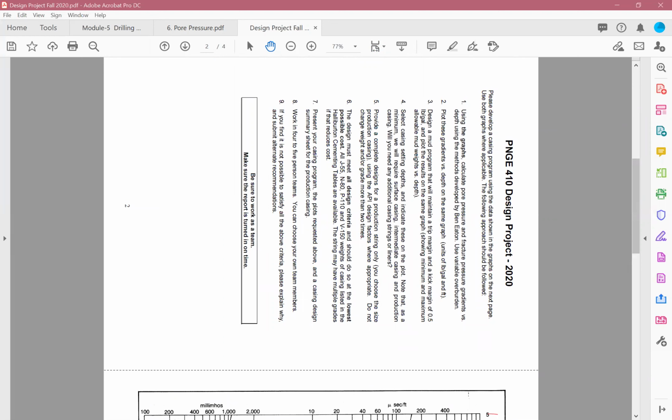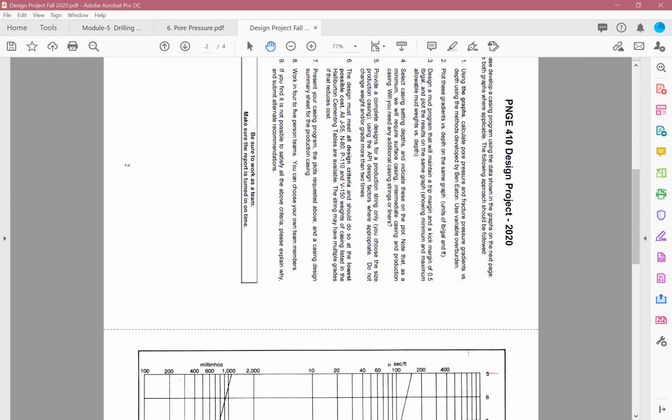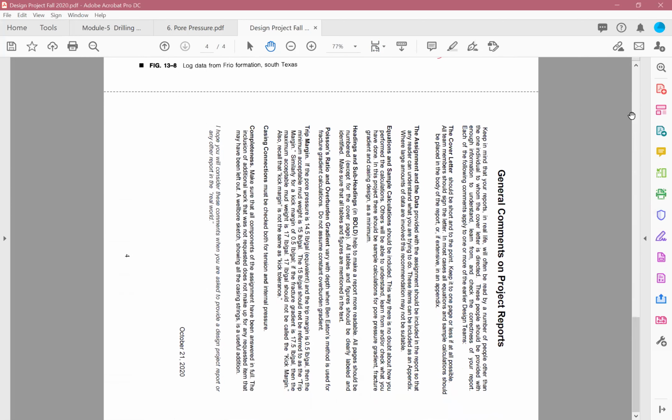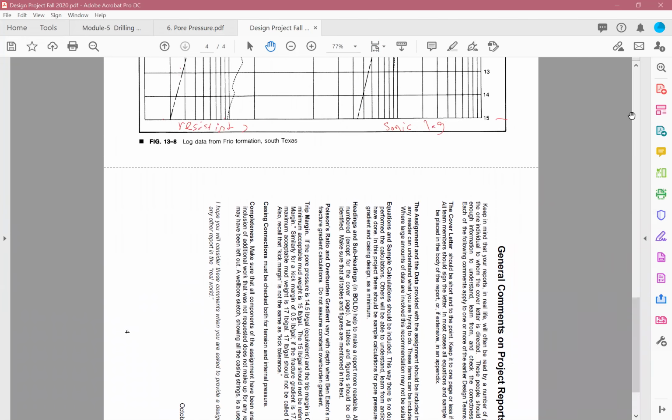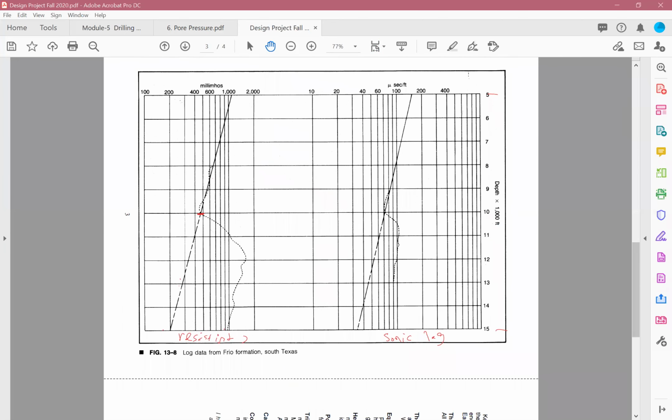It's not given, I guess. Not there, but you can assume it to be 0.433 psi per feet. It might be here, I'm not sure, but if it's not there, just assume 0.433 psi per feet for your normal pressure gradient, right?